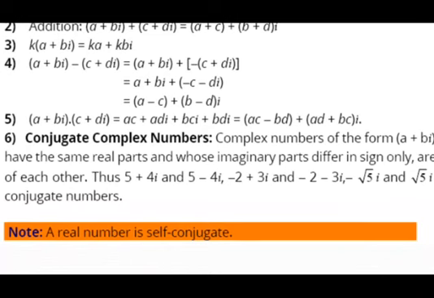Like 5 plus 4 iota, its conjugate is 5 minus 4 iota. Only the imaginary parts differ in their signs. Minus 2 plus 3 iota, then its conjugate is minus 2 minus 3 iota. A real number is self-conjugate because its imaginary part is 0.